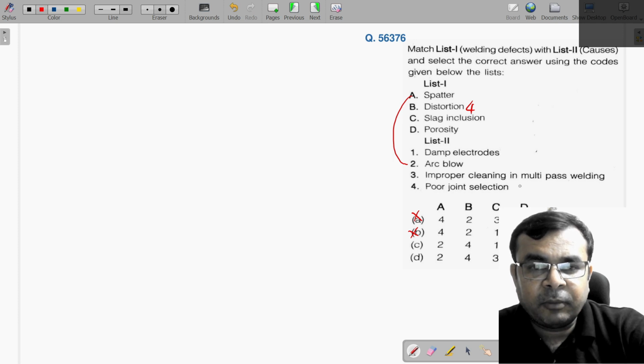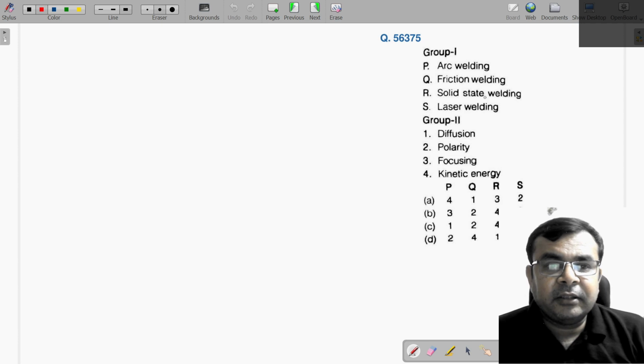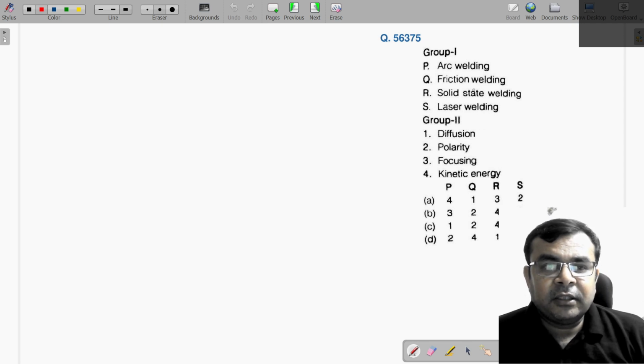Slag inclusion, improper cleaning. Yes, so C3. So option D is the right choice. Correct. And next you can see arc welding, friction welding, solid state welding, laser, diffusion, polarity.